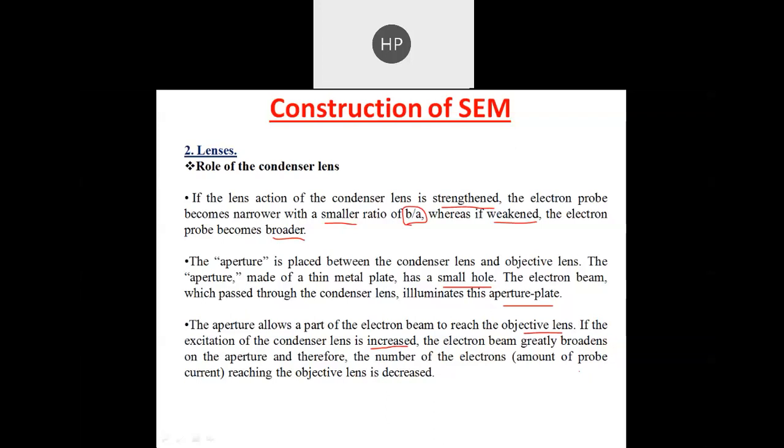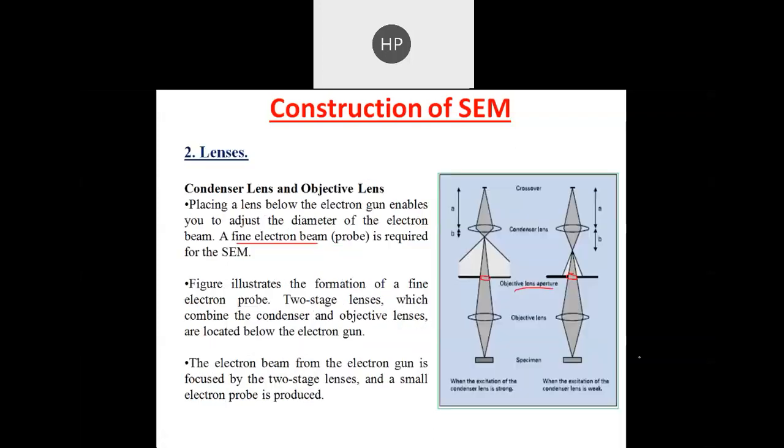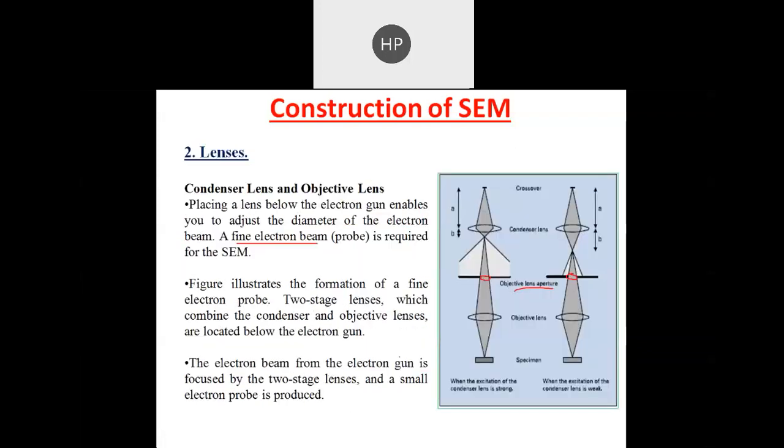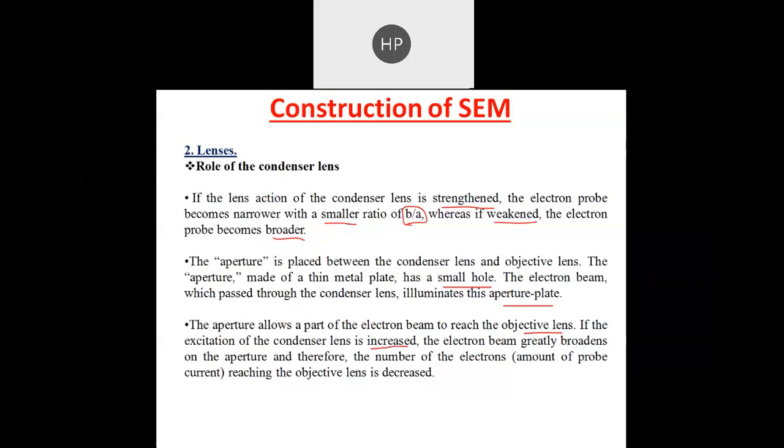So it is opposite. If the excitation of this condenser lens is increased, the electron beam greatly broadens on the aperture.